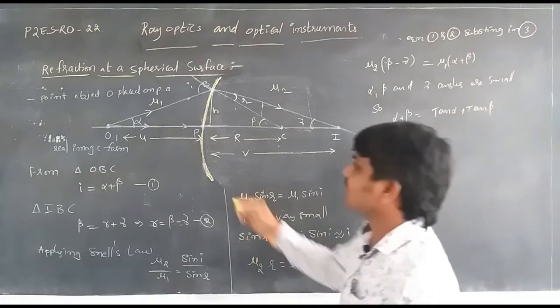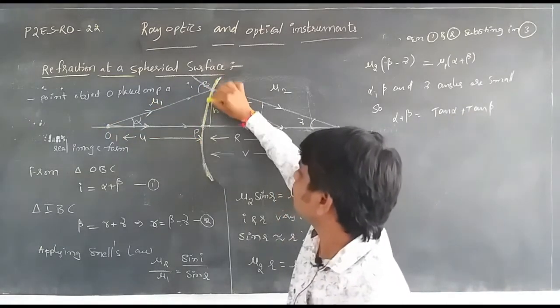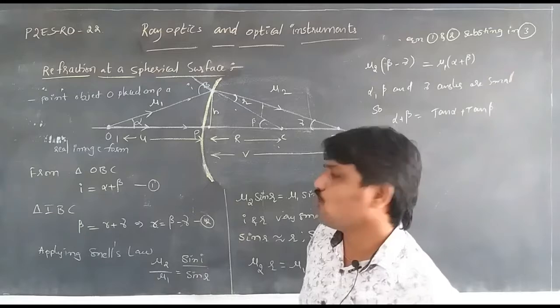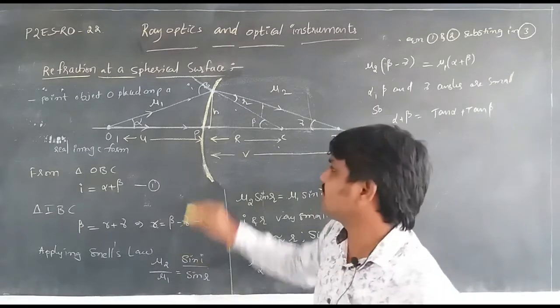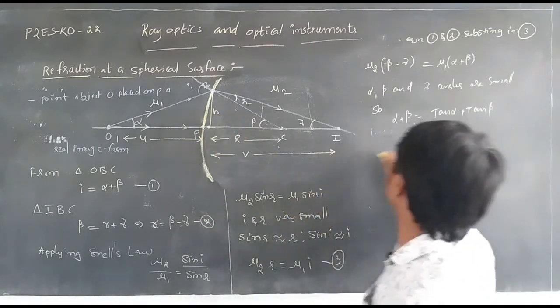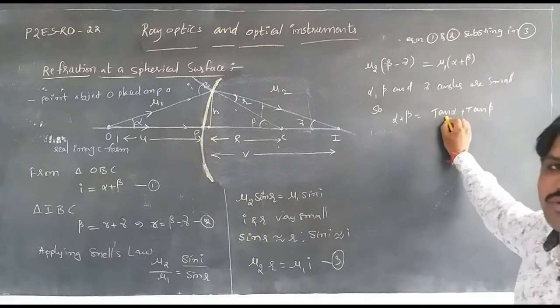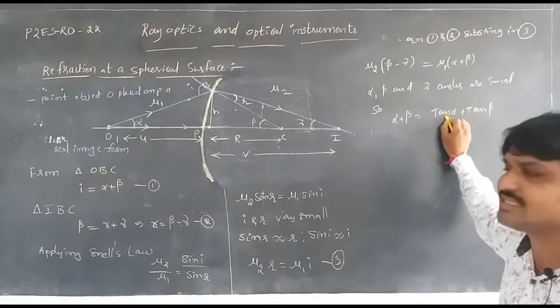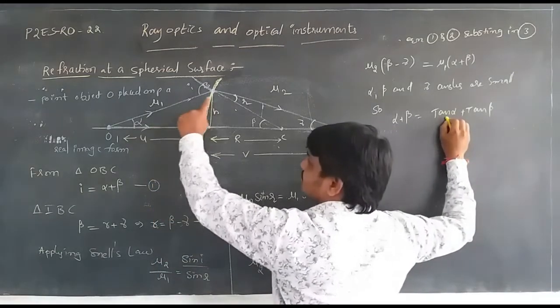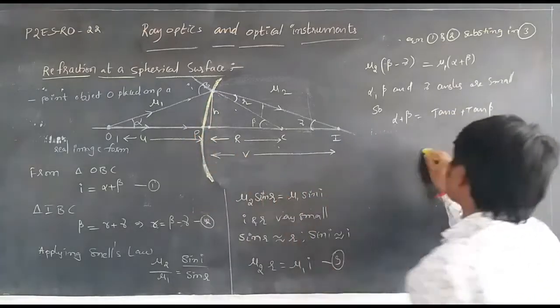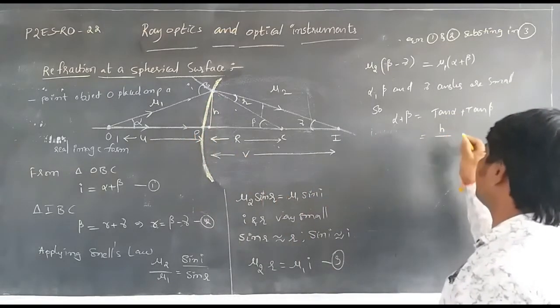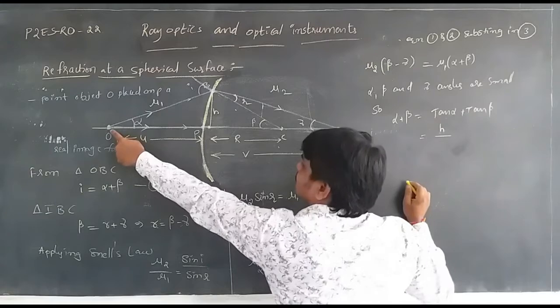Alpha is the angle OBP making with the principal axis. We know that tan alpha is opposite by adjacent. The opposite will be H, so H by the adjacent, which is OP.